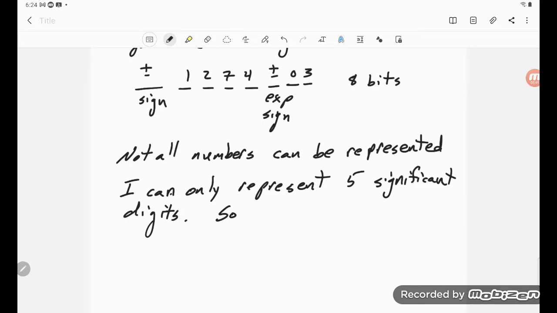So the number 1, 2, 3, 4, 5, as far as this computer would be concerned, is equal to, well, this is a problem with the 5 because you get into funny rounding rules and all that. But let's say it would get rounded up. Then it's equal to 1, 2, 3, 4, 6, and it's equal to 1, 2, 3, 4, 7, right? There's no difference between those numbers as far as how I can represent them.